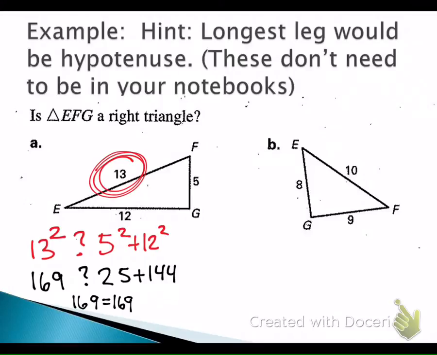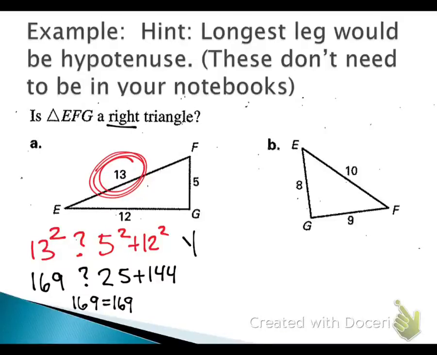If the two sides equal each other, what kind of triangle is it? It's a right triangle. The question says, is this a right triangle? So your answer would just be yes. Sometimes it says, what kind of triangle is it? So you'd have to say right, but here it says, is it a right? So you'd say yes.